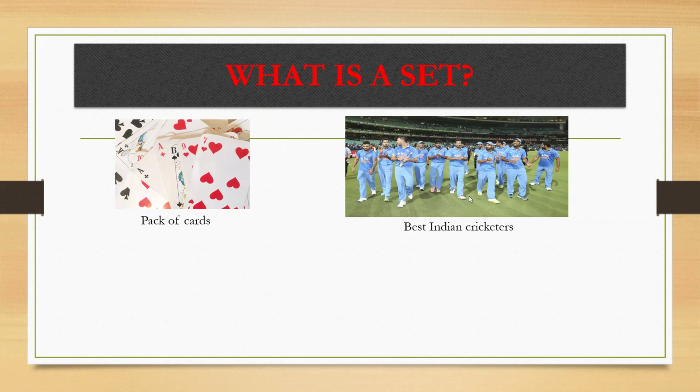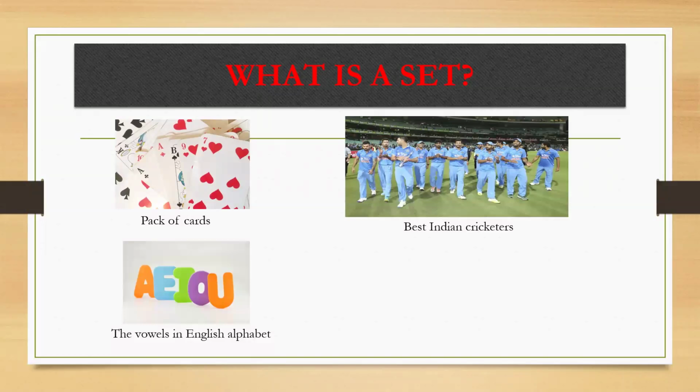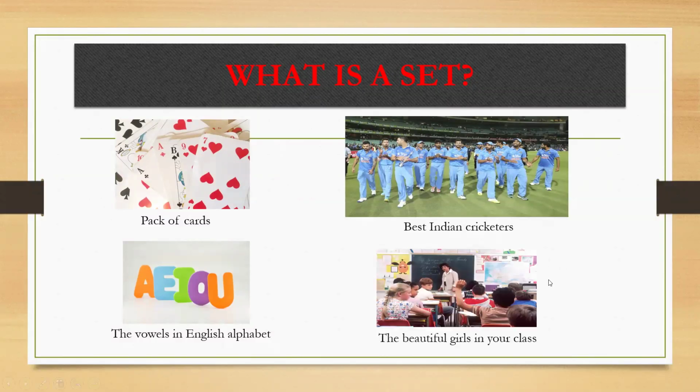The third example is if I tell to you to write the vowels in English alphabet, then everyone's answer will be the same, which is nothing but A, E, I, O, U, right? In the fourth example, if I tell to you write the names of the beautiful girls in your class, then will the answer of every student be the same?